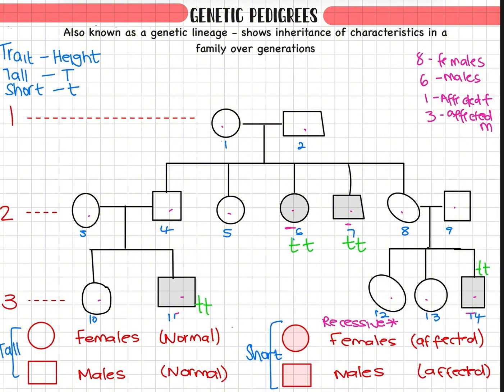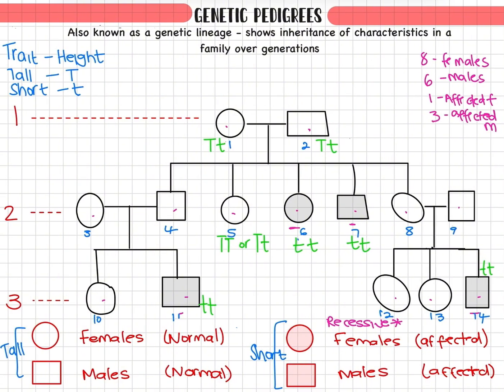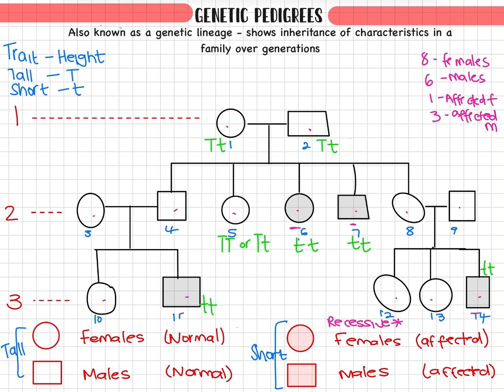Now moving to the individuals that are not shaded, to figure out their genotype, we'll start with number 1 and number 2. They should be heterozygous since they have children, number 6 and 7, who have the recessive allele. Number 5 could be homozygous or heterozygous, unsure because we don't know their children.